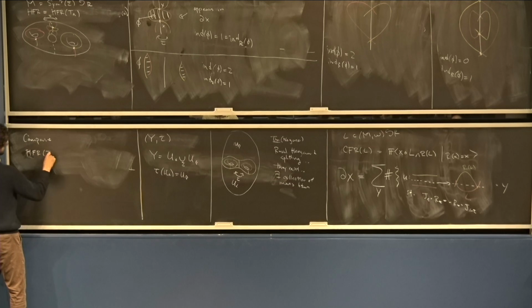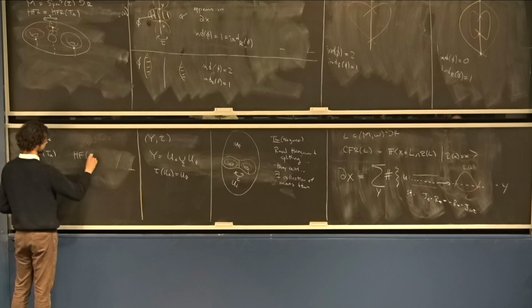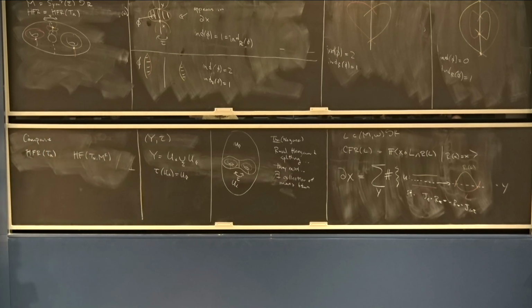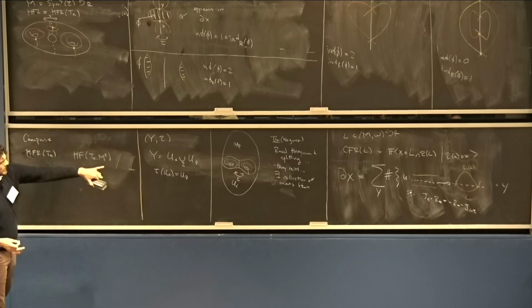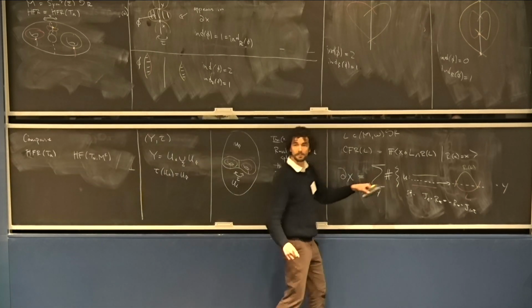HFR of T alpha, as I've written it, to just the usual Floer homology of T alpha with the fixed set of this involution. And if I work with these symmetric almost complex structures, it's not so hard to see. You can identify the two moduli spaces.